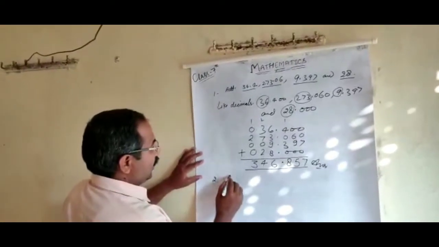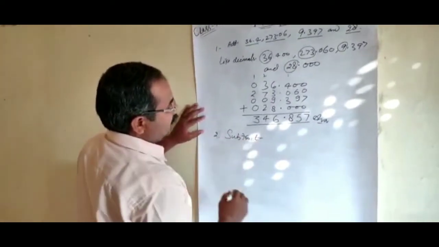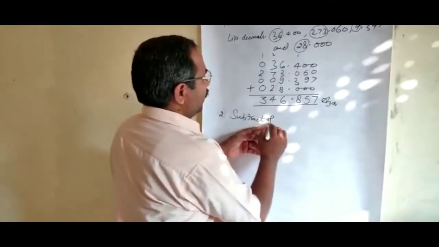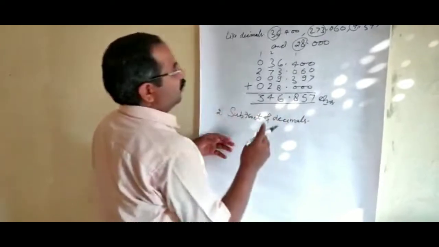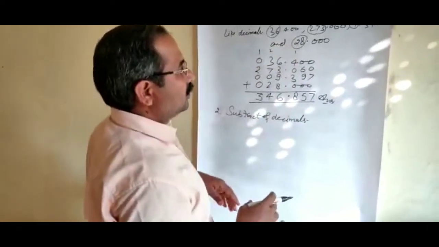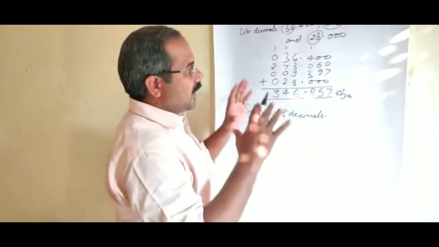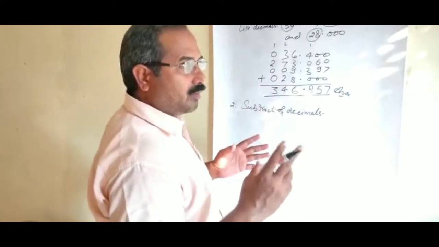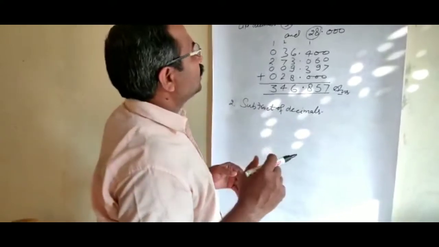Now I want to tell you about subtraction of decimals. You will use all the properties of addition, such as making like decimals and writing in column, and after that there will be the difference between two decimal numbers.